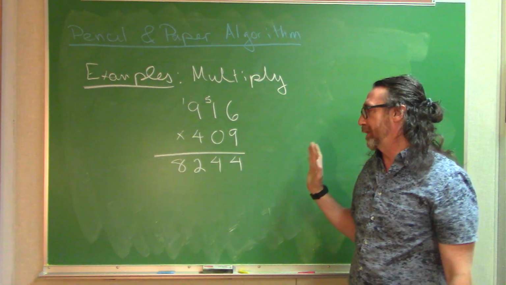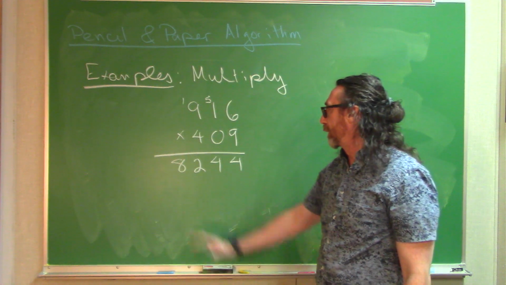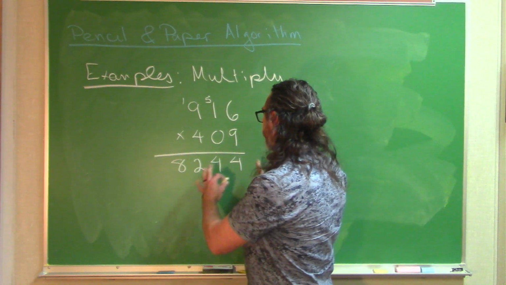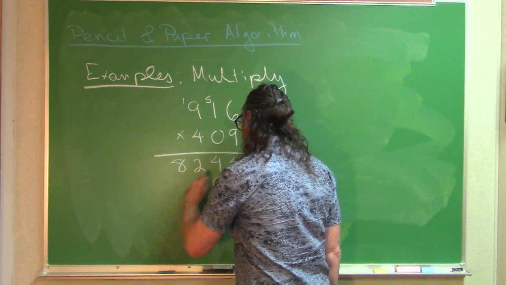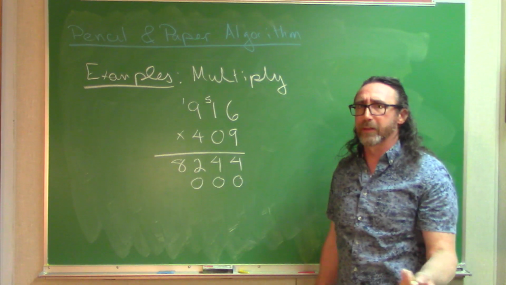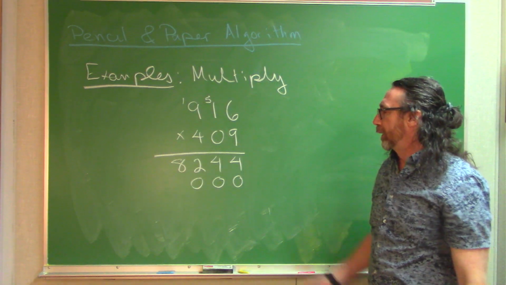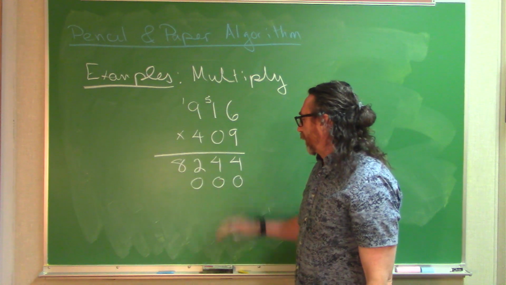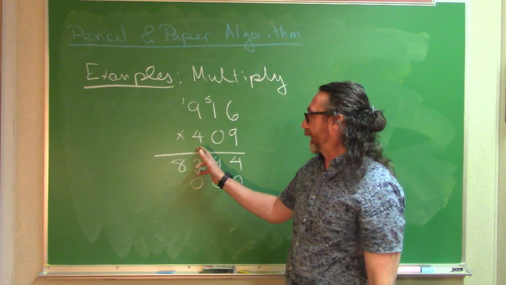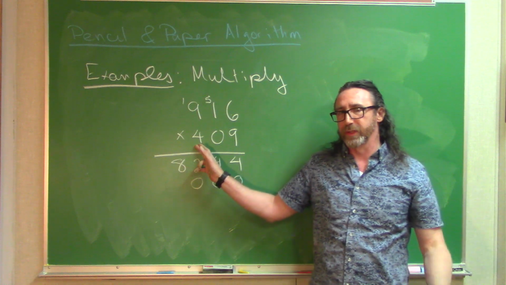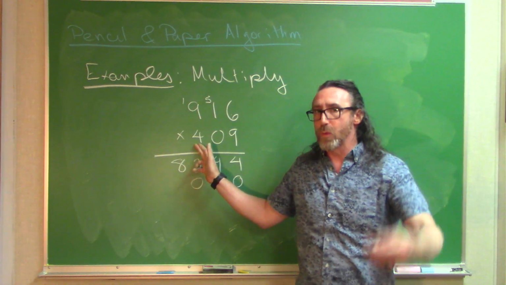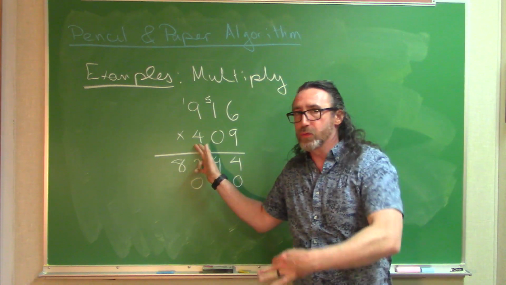Now, in my tens place, I actually have a 0. 0 times anything is 0. So that really isn't going to contribute anything. I guess if you want, we could put in a row of just zeros like that. Now, this 4 is, of course, in the hundreds place, so it's not really a 4, it's a 400.